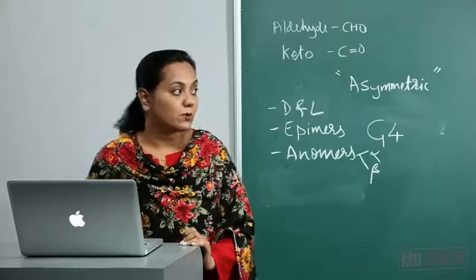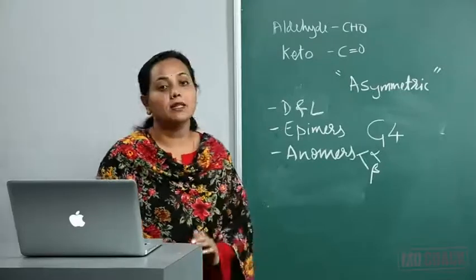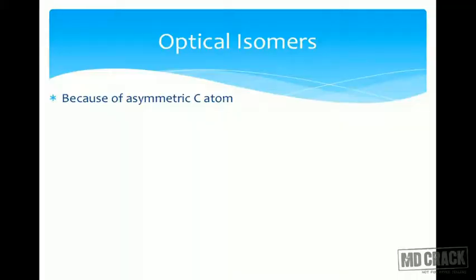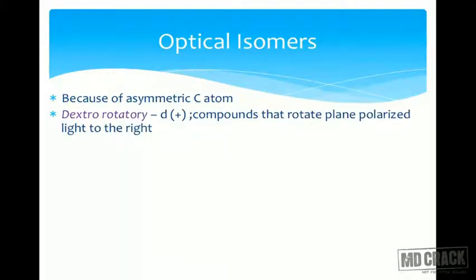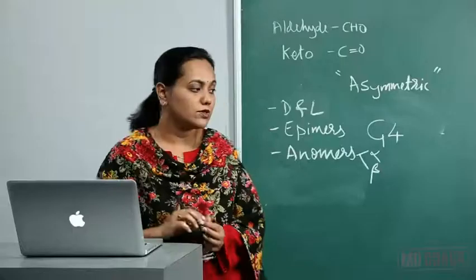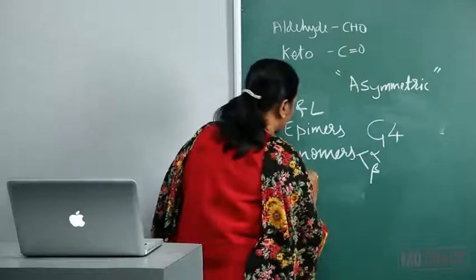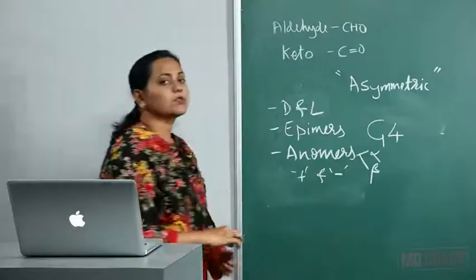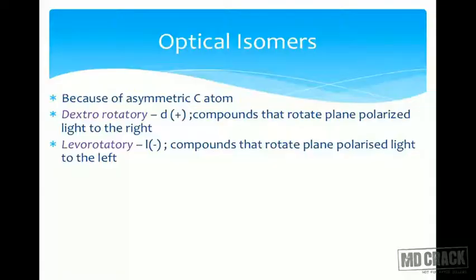Now, as I said, there is one more type of isomerism that is possible, and that is optical isomerism. It is also because of the asymmetric carbon atom. We have two types in that, dextrorotatory and levorotatory, and usually this is expressed as plus or minus. D minus, D plus or small d is how it is represented.